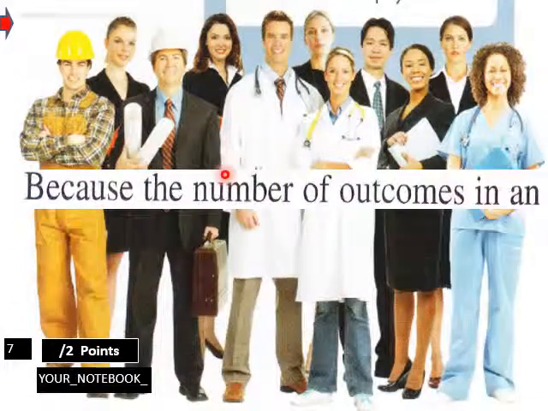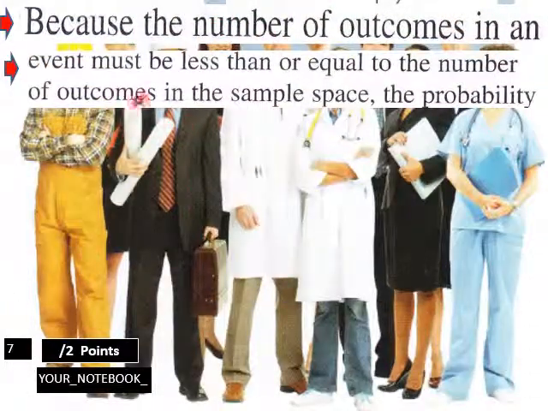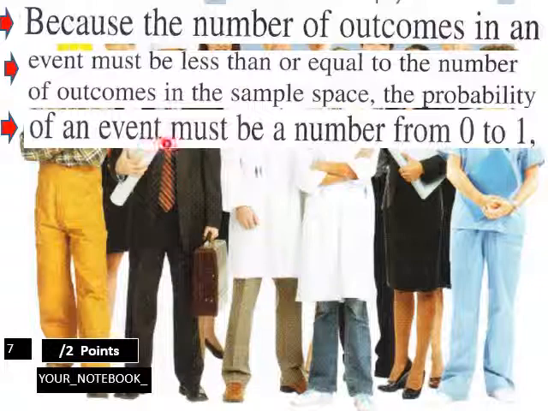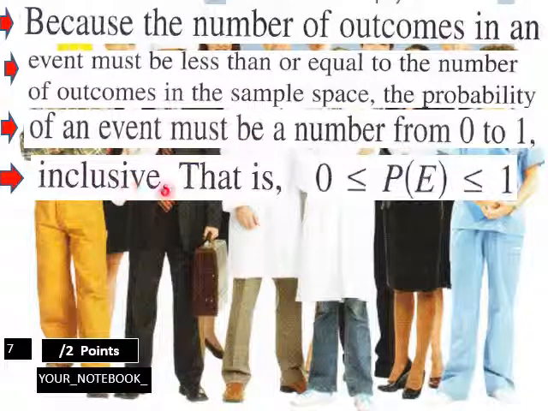Because the number of outcomes in an event must be less than or equal to the number of outcomes in the sample space, the probability of an event must be a number from 0 to 1 inclusive. That is, 0 is less than or equal to P(E), less than or equal to 1.